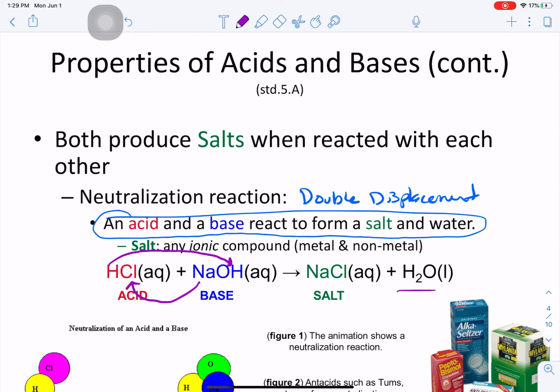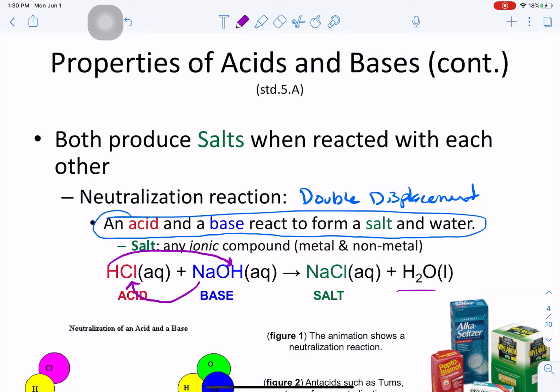Remember I told you to write that down first. And then what's the salt? Well, we got Na and Cl reacting. It's not going to be ClNa. We know the cation goes before the anion, so it's going to be NaCl. That's a type of salt. Specifically, we know that's sodium chloride, that's table salt. But remember, a salt is any ionic compound, any cation and anion, any metal and non-metal.